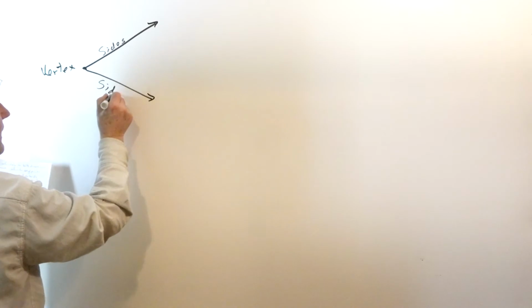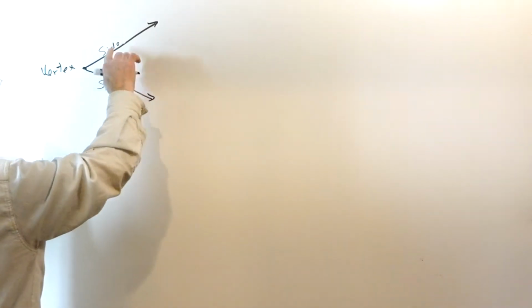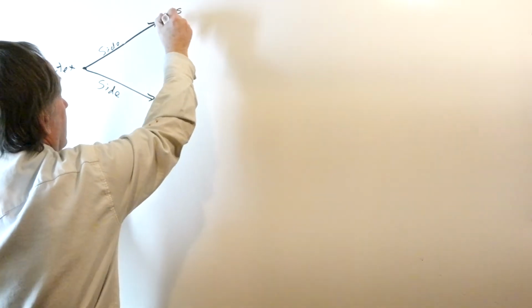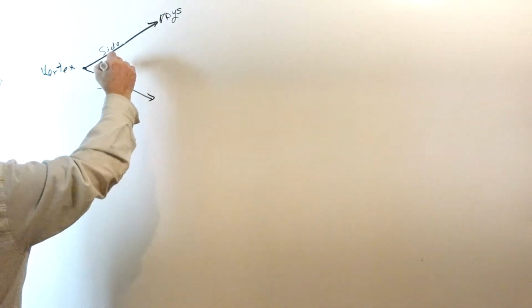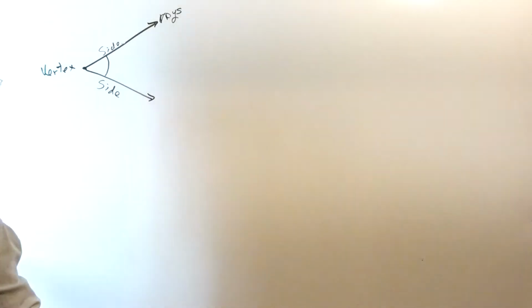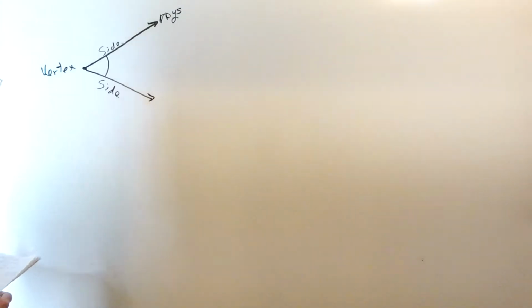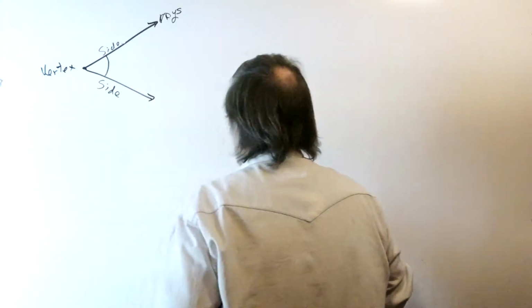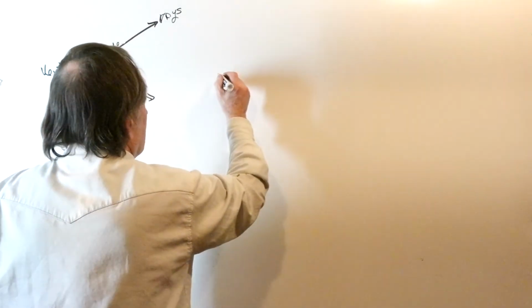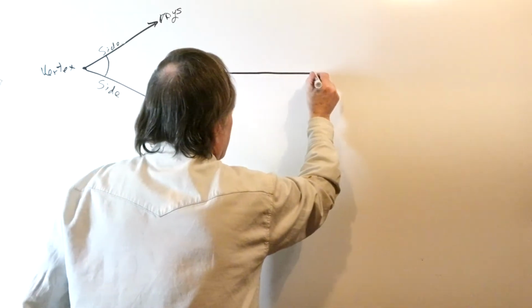We have two sides to the angle, and these are the rays. And we designate angles by drawing an arc between the two sides. Now, angular measure is established by first designating a reference line.